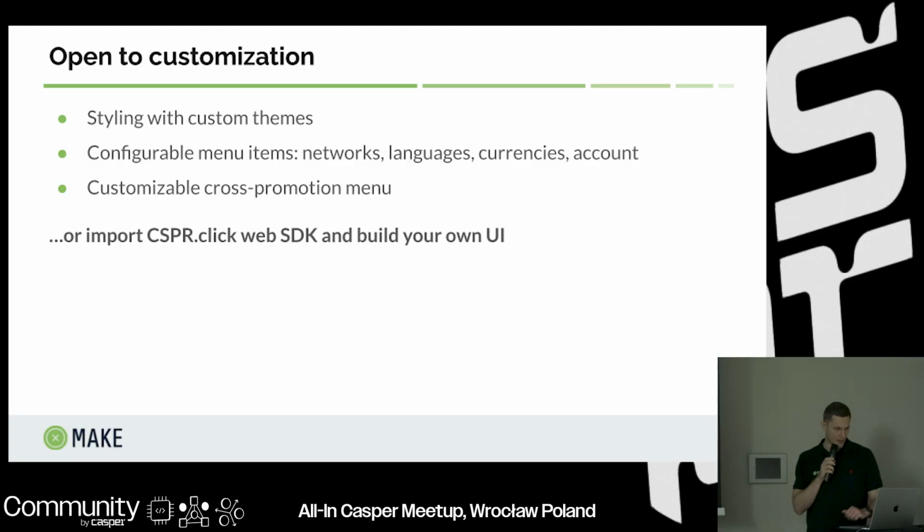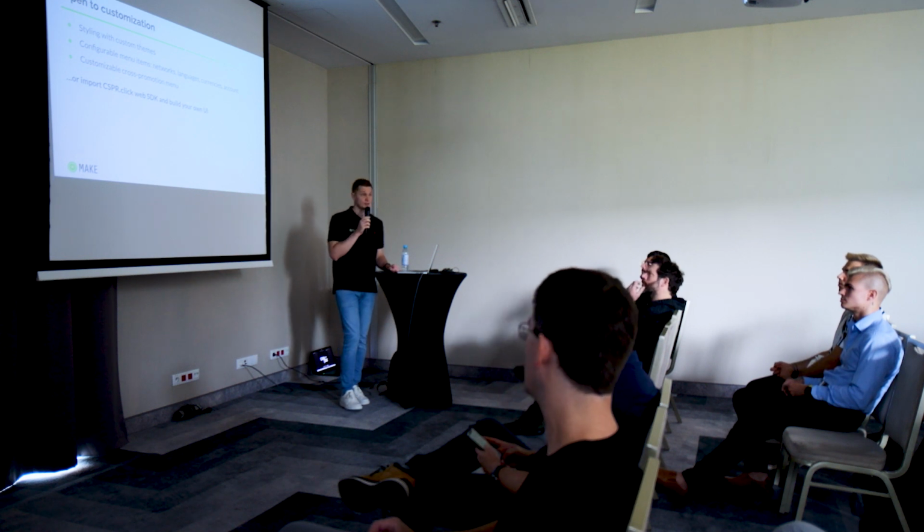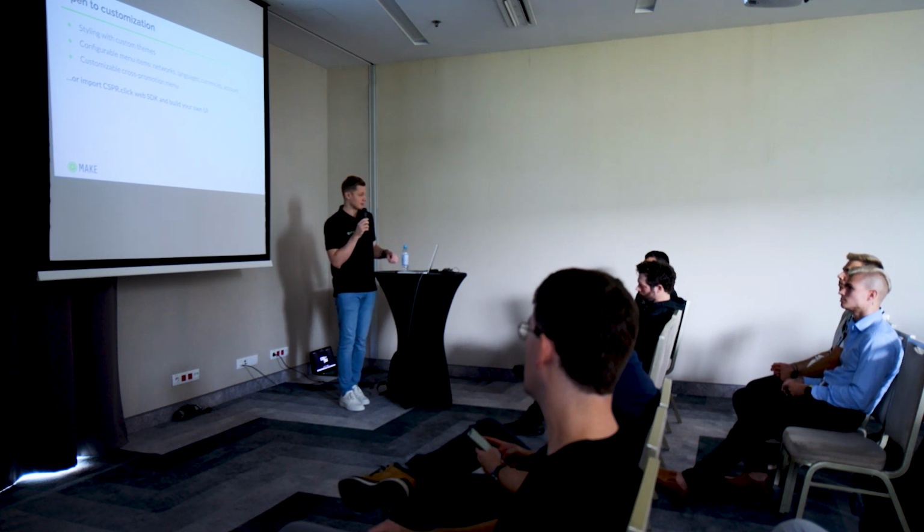It's already changing. As I just demonstrated to you, it's open to customization. You can style with themes, and you saw it was basically several variables, and we changed it to green in one holistic switch. Menu items are configurable, the placement of elements is fixed, but you can change them.